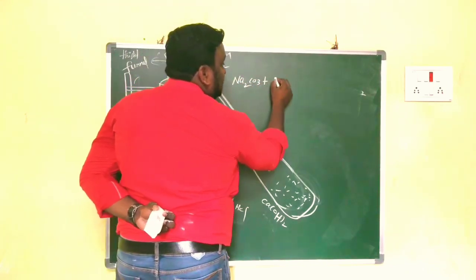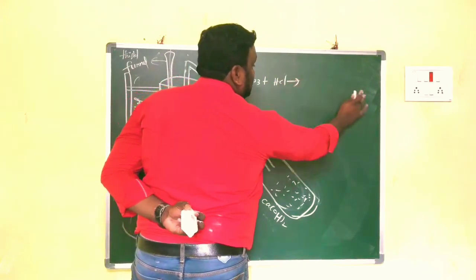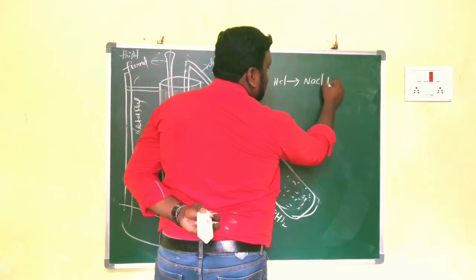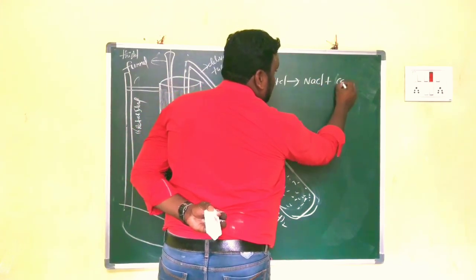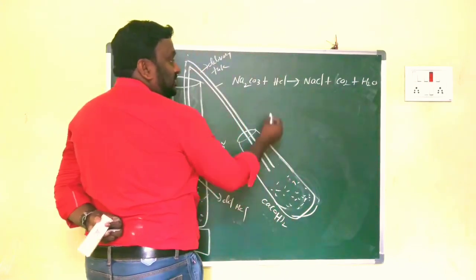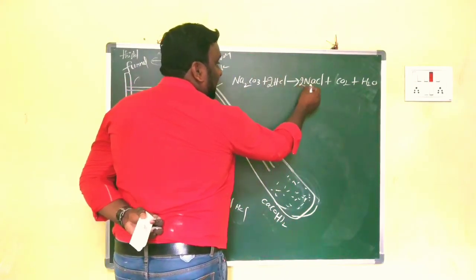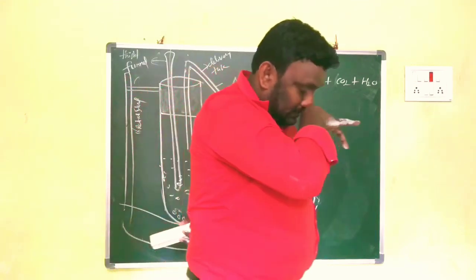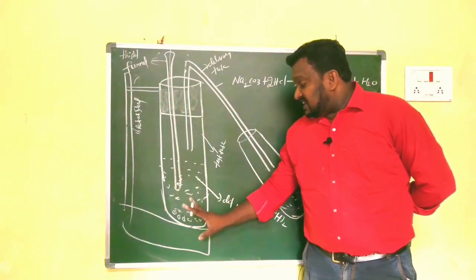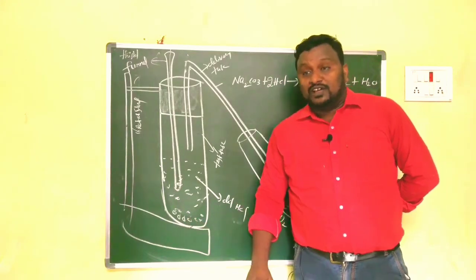Na2CO3 plus HCl gives rise to, what do I have to write? This is the salt NaCl plus carbon dioxide plus H2O. The equation should be like this. Now balance the equation. When HCl reacts with sodium carbonate, what are we getting?